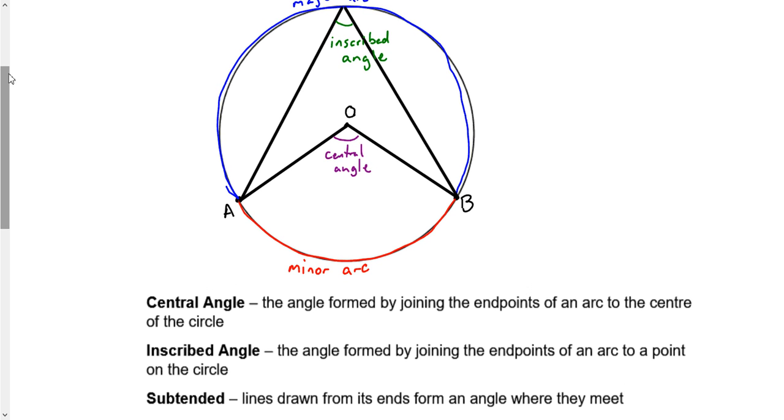So subtended is a little more of an ambiguous understanding. The inscribed angle and the central angle are both subtended by the arc AB. Just meaning we can create an angle here and an angle here by connecting these 2 points somewhere. So we've created it at the center and on a point at the end of the circle. Basically, we just created some angles here. These 2 angles are called subtended angles.